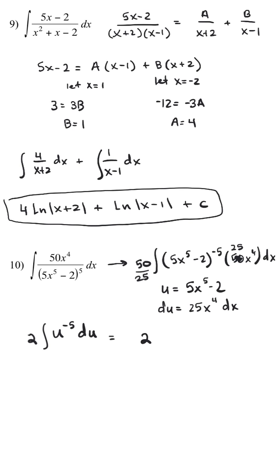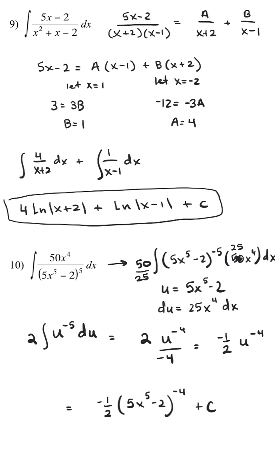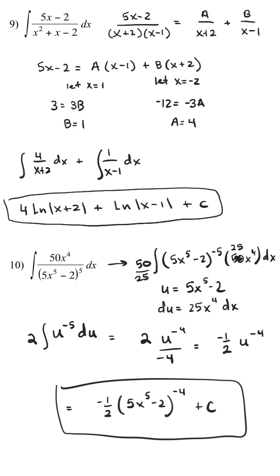This is equal to 2 times u to the negative 4th divided by negative 4. So then we can change u back into its definition, 5x to the 5th minus 2, like that.